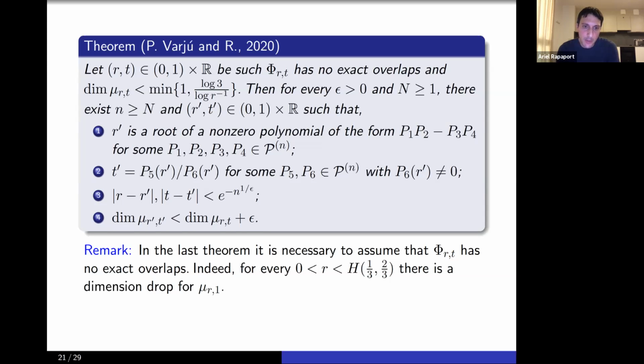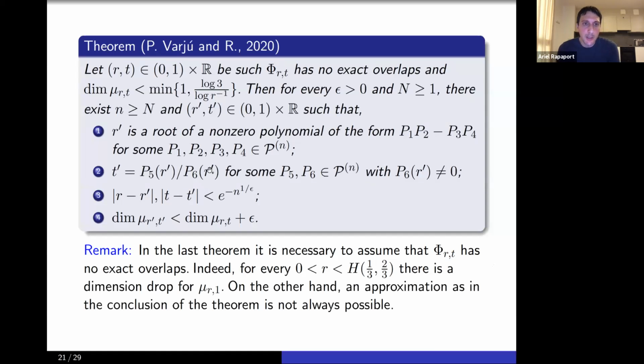So there are exact overlaps caused by words of length 1. If r is sufficiently small, it's easy to see that there is a dimension drop. But an approximation as provided in the last theorem is, of course, not always possible. If you look at the number e to the power minus 10, then by results on transcendence measures of such nice transcendental numbers, it's not possible to approximate it that well by these controllable algebraic numbers. So this assumption regarding the absence of exact overlaps is necessary.